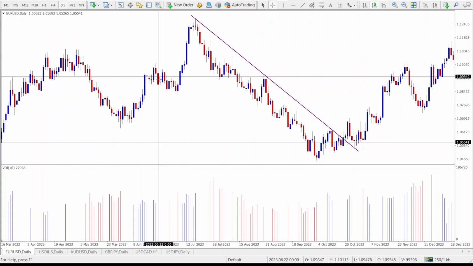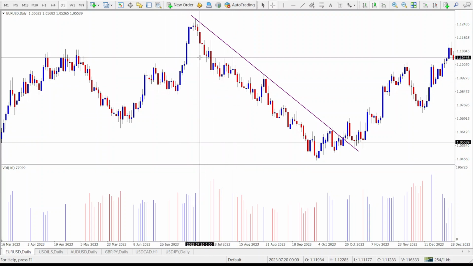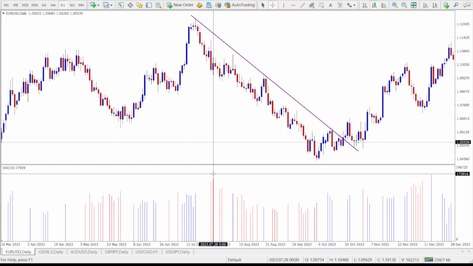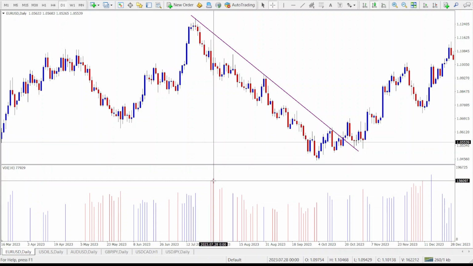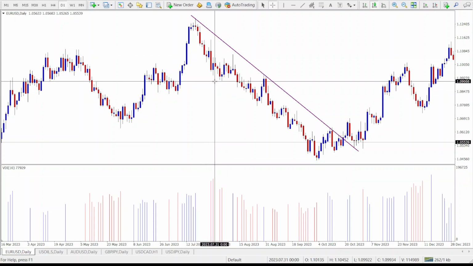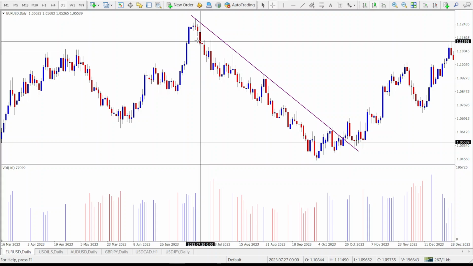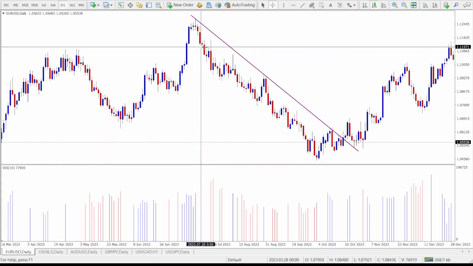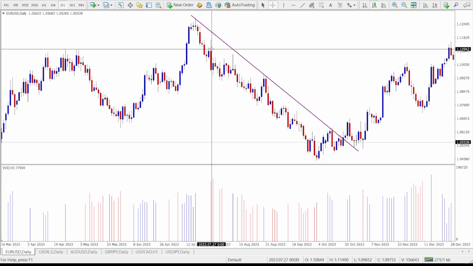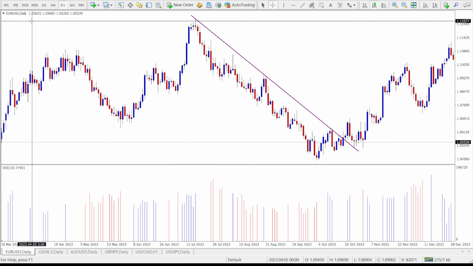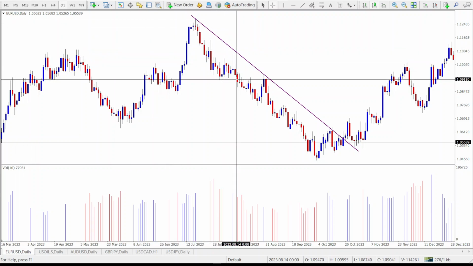This is the Euro USD currency pair. And then at this point, we had an increase in sell volume, and we can see that there was a corresponding decrease in the price of Euro USD.